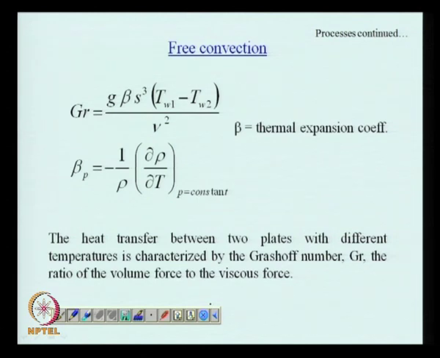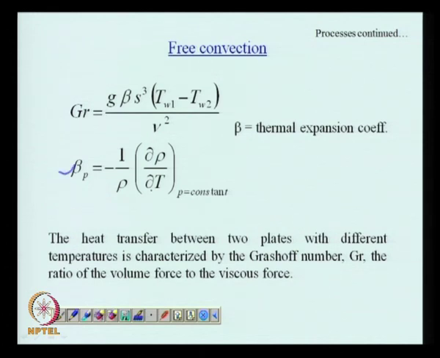microscale devices. Now, we all know that in free convection, the two dimensionless numbers which are important are the Grashof number, the expression for which is shown over there. The Grashof number is nothing but the buoyancy force, and we have this beta, which is the thermal expansion coefficient.